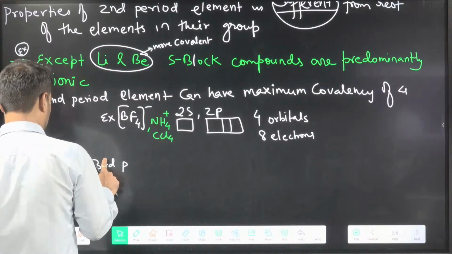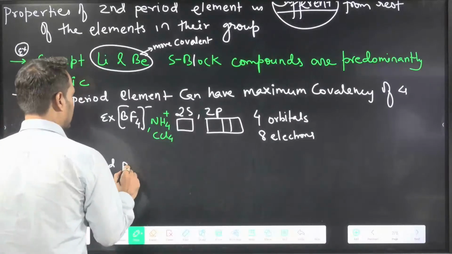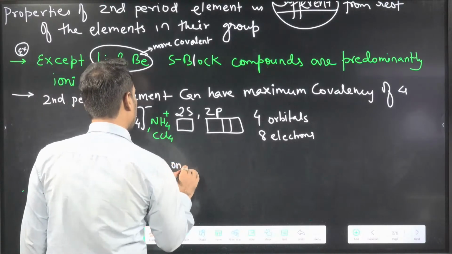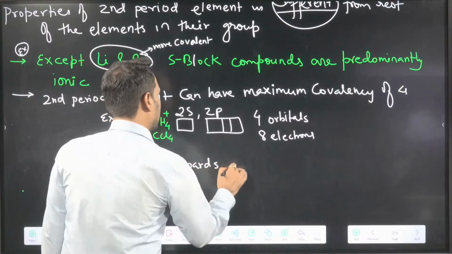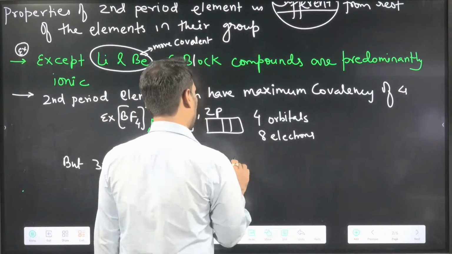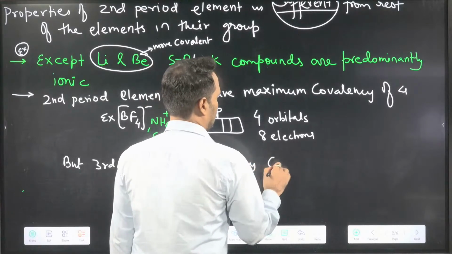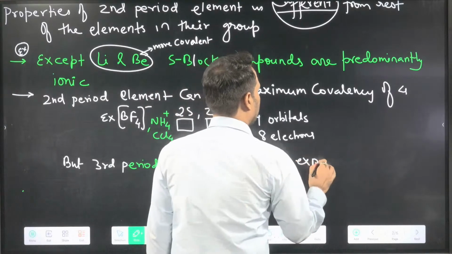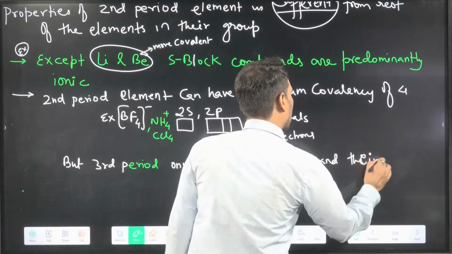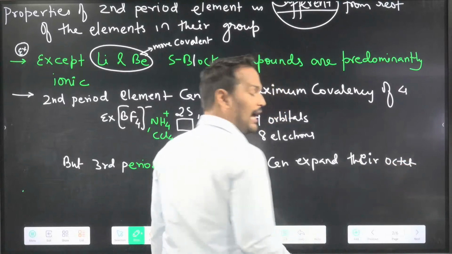4 bonds. But third period onwards, what can they do? Batao. They can expand their octet. They can have 6 bonds.